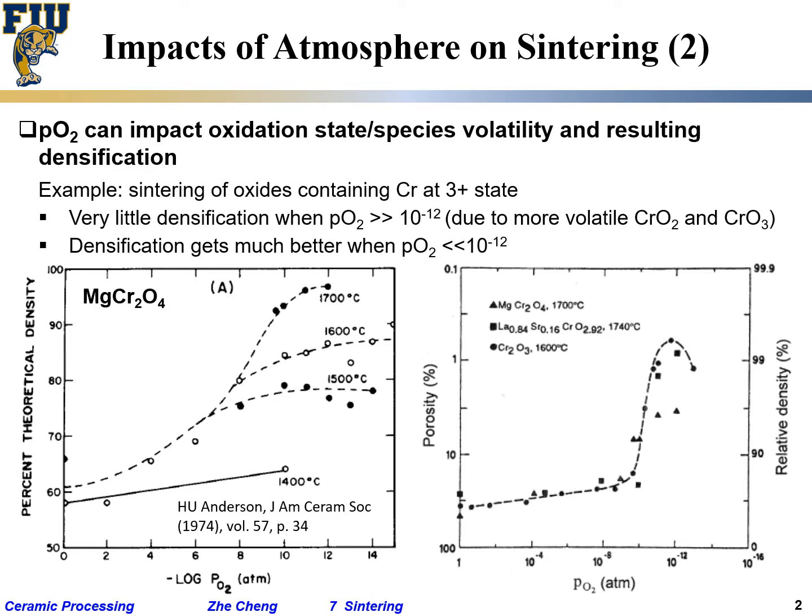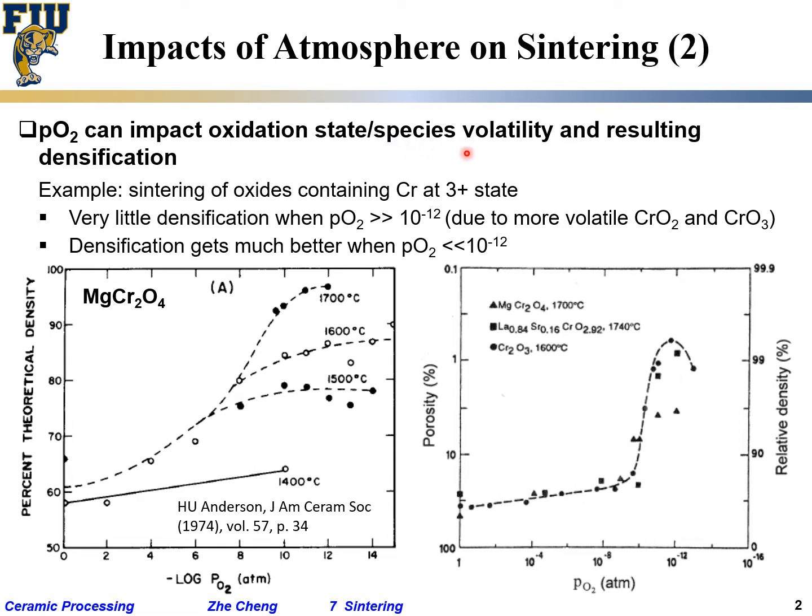Let's continue. Okay, here I do not have animation, but I will just continue. This one, another example of atmosphere on sintering. Very careful. We say here PO2, the partial pressure of oxygen, also impacts the oxidation state or valence, as well as the so-called volatility of your material.